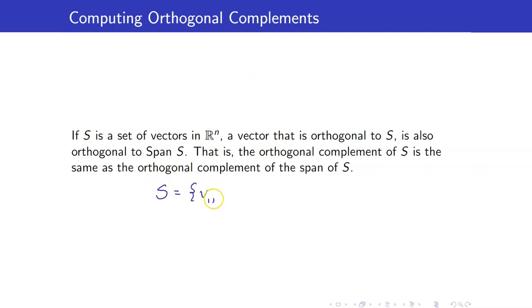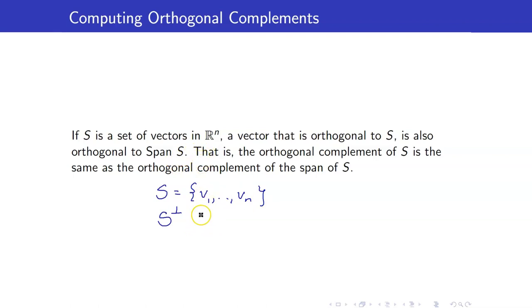Let me break this down for you. Suppose that we have a set of vectors v1 up to vn, and we are looking for the orthogonal complement of S, S perp. S perp is the set of vectors that are orthogonal to all the vectors in S, correct?